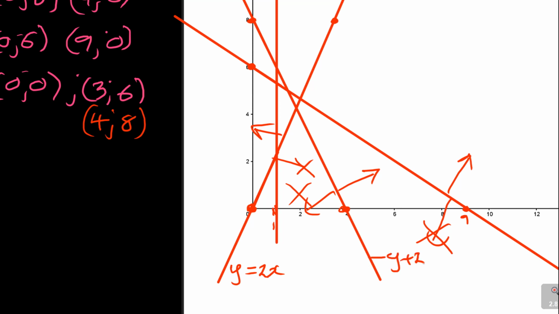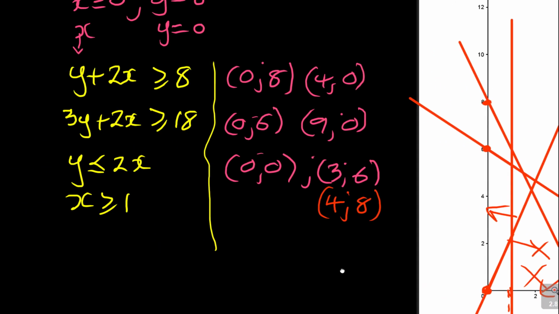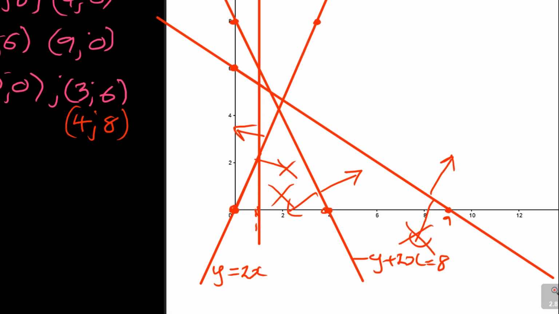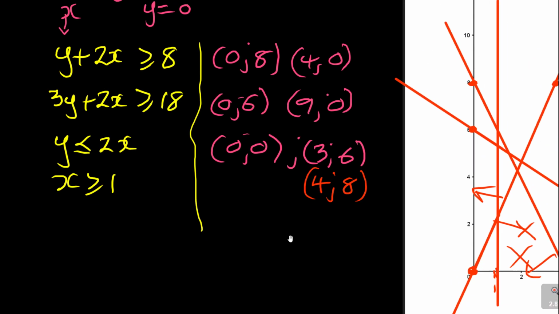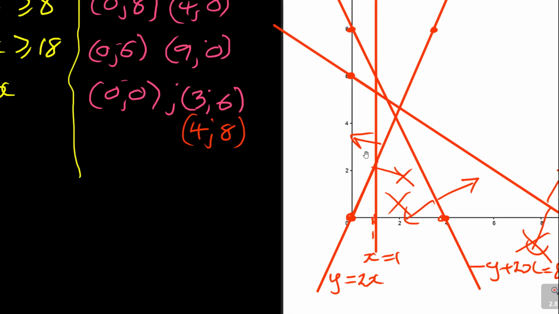Then the other one of 6 and 9 was 3y plus 2x is equal to 18. Then the other one, x is equal to 1. See that? Then I'm almost done.